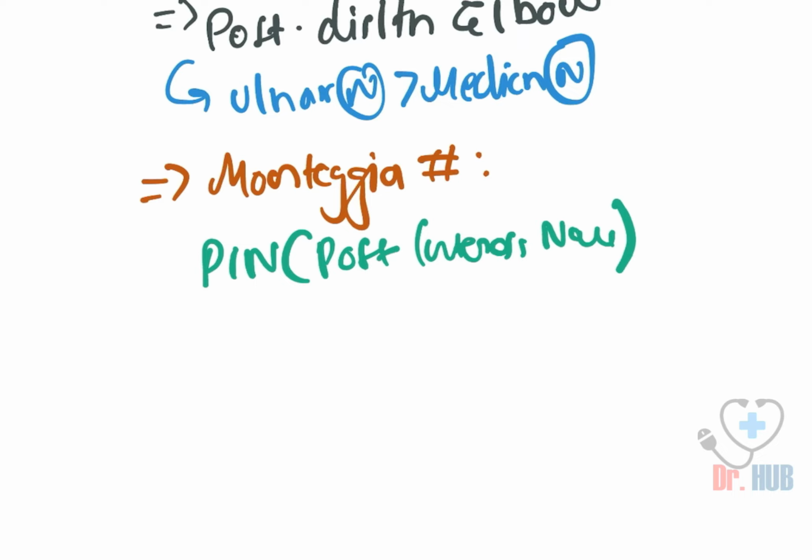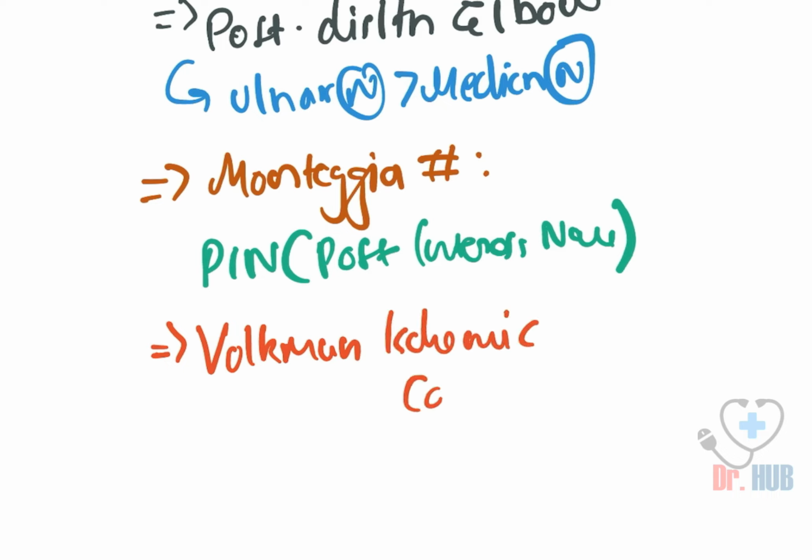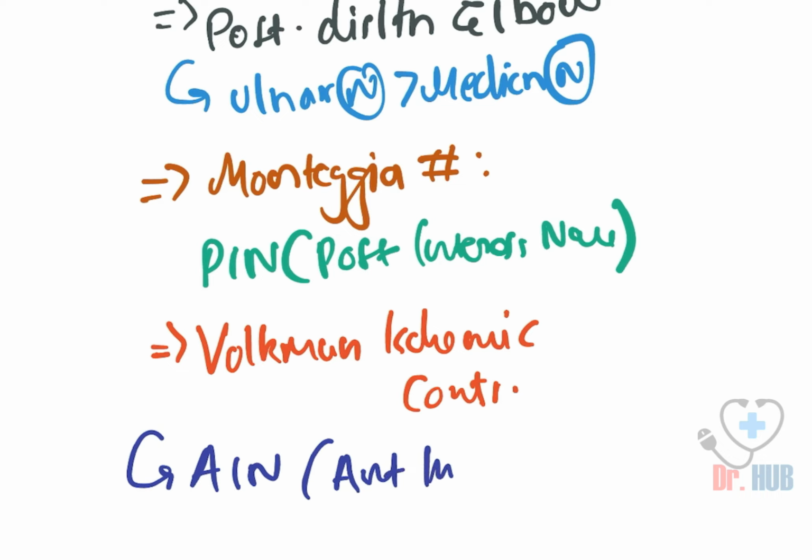And post this, we are looking at the Volkmann ischemic contracture. It involves the AIN. AIN stands for the anterior interosseous nerve.